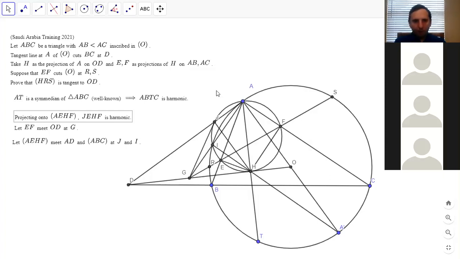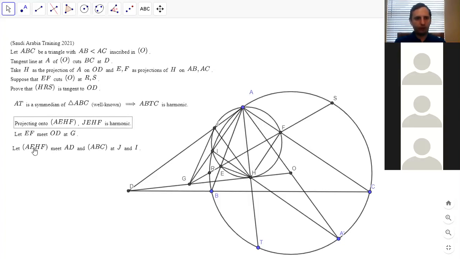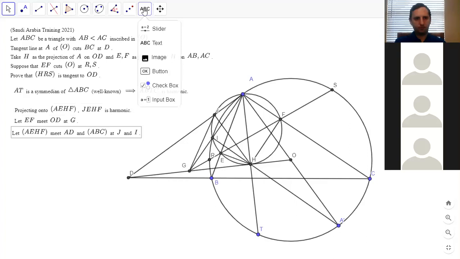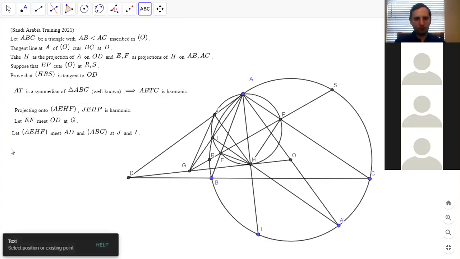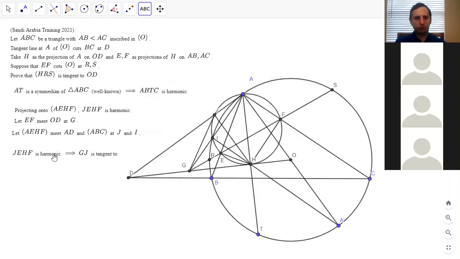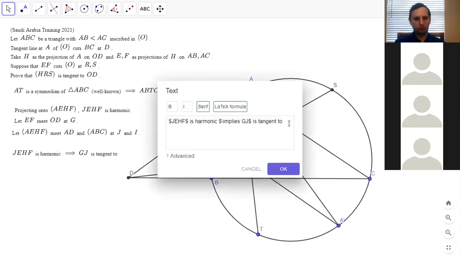Then since JEHF is harmonic, GJ is tangent to that circle.